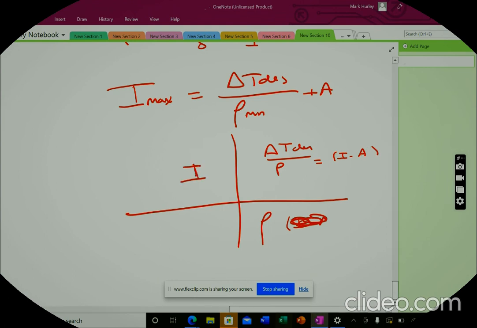What we find is as P approaches 0, I approaches infinity, and as P approaches 1, I approaches 34.